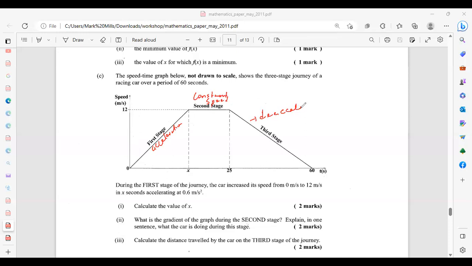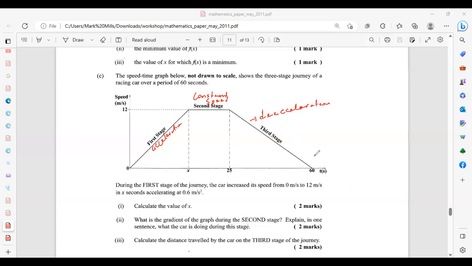So write it down: the first one going up is acceleration, then constant speed, then deceleration. When you are going up, you are accelerating. Then this one here, it was going at the normal constant speed. Then the next one you are going to get is what? The deceleration.